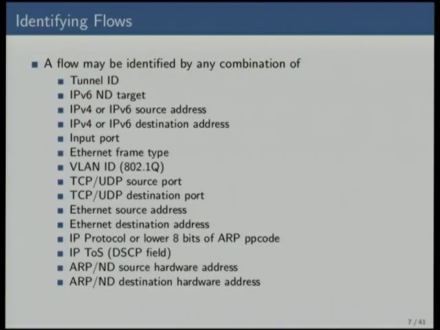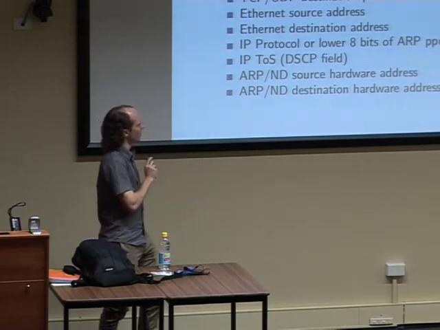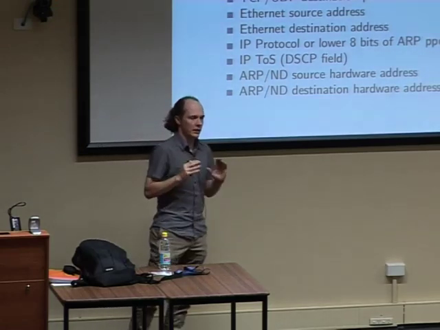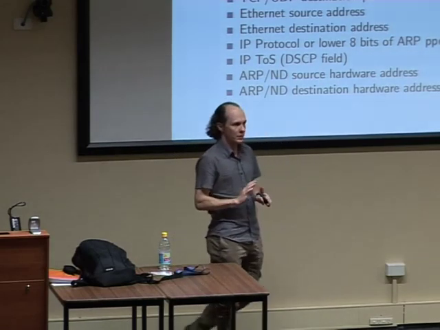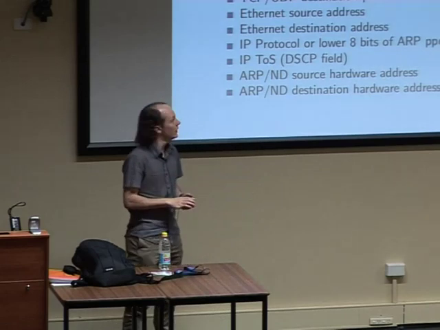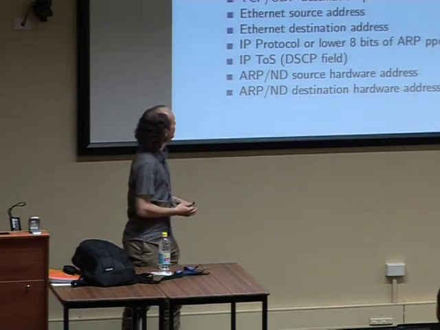I'm not going to read out that list, but you can see it's quite long, and it includes source and destination MAC addresses, but it also includes a variety of other things, including the source and destination IP address, which is not information that would normally be used in a layer 2 switch. This ability is one of the key things that differentiates Open vSwitch from the existing bridging implementation, which has been in the Linux kernel for many, many years: the flexibility that all of these keys allow you.